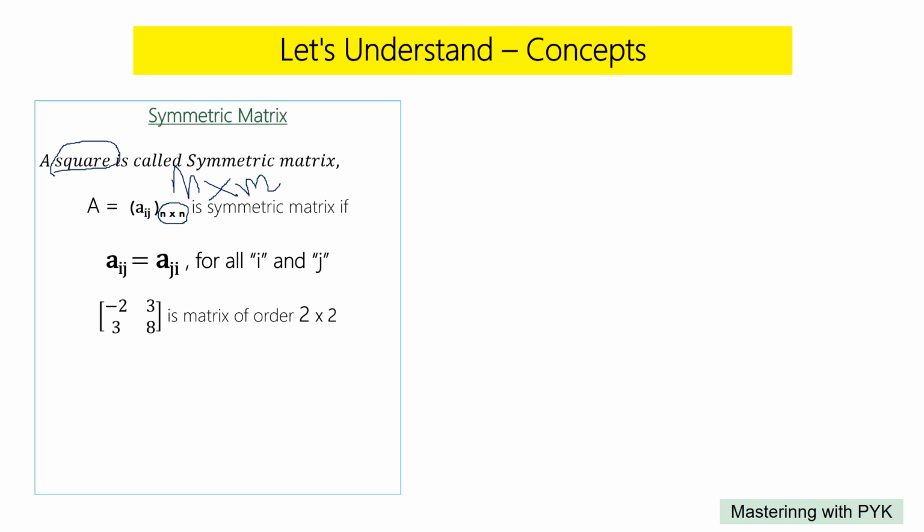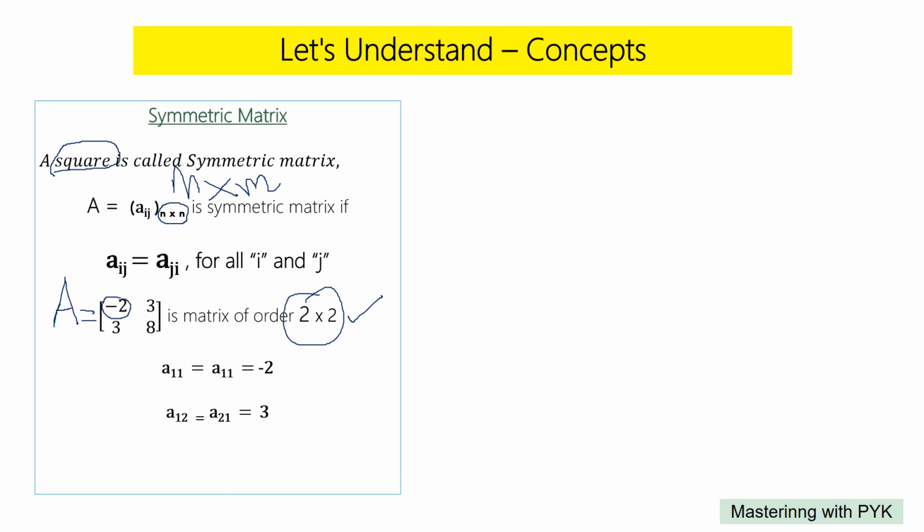Given an example, say this is a matrix A. So A is given as minus 2, 3 and 3, 8. What we'll check first is the order of the matrix. So it is a square matrix, right? So a symmetric matrix can be defined. Here A11 is the same as A11. This means if I change the row and column, it is the same element, which is minus 2, right?